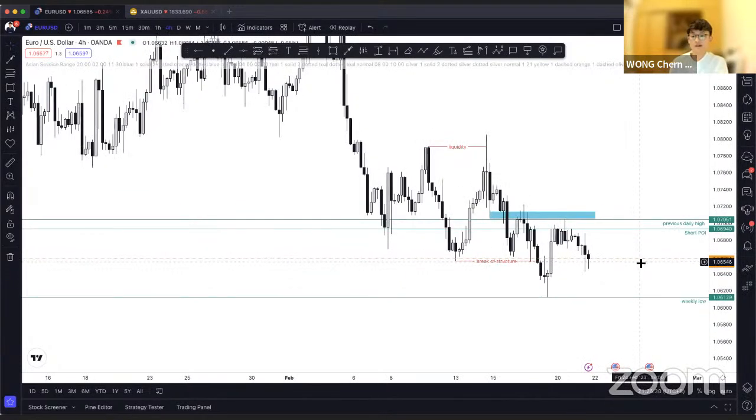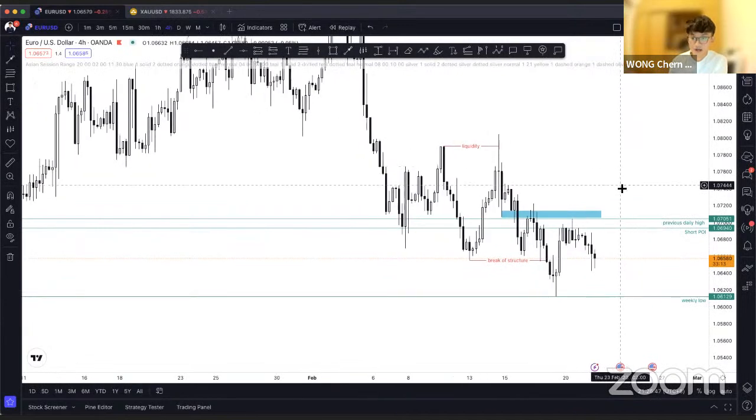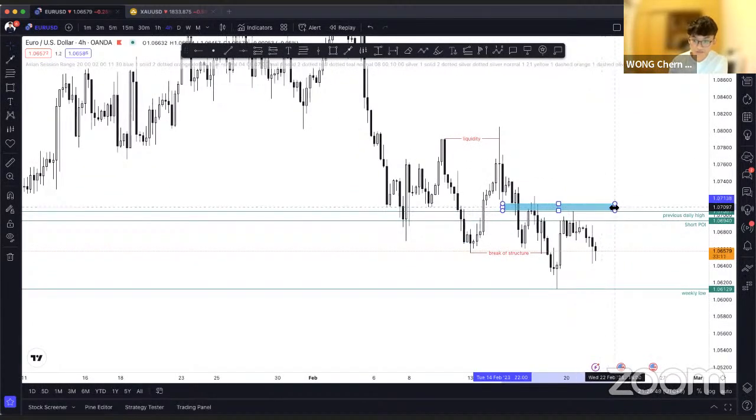And I've also marked out the previous daily high at 1.07051, which would serve as a potential zone, an area that price can tap into and clear. That is an area I'll be looking out for as well.